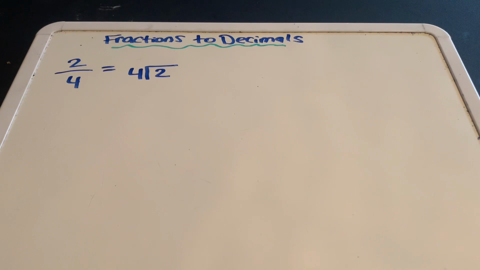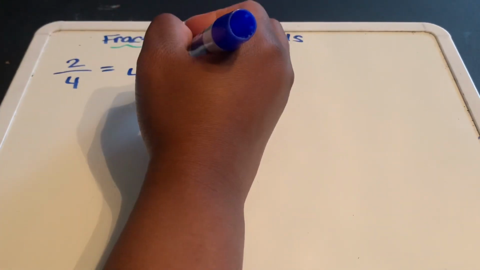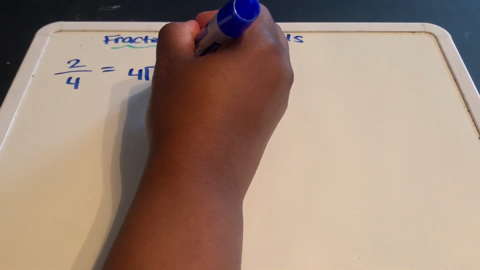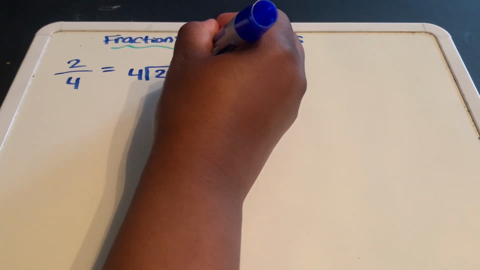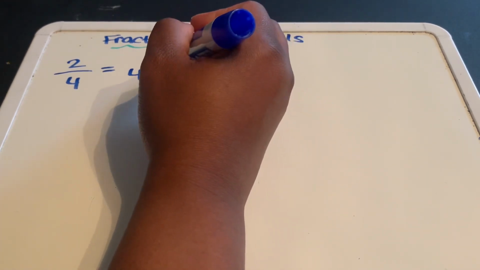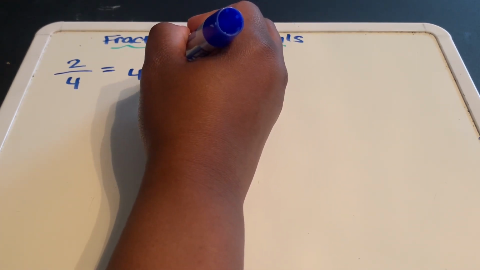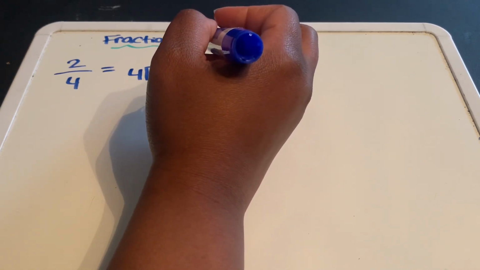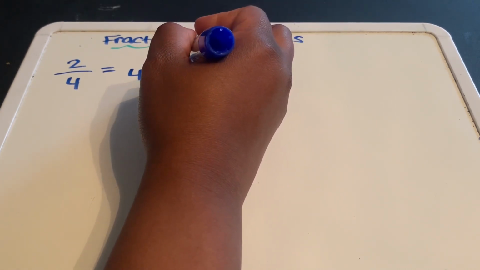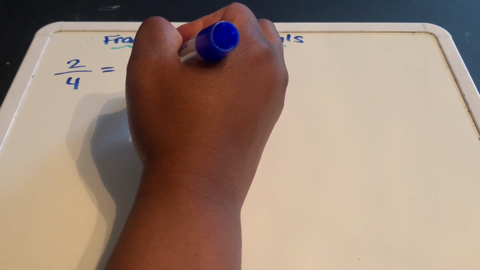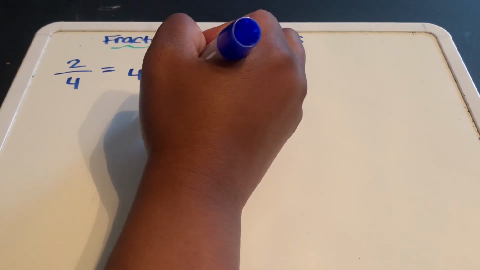Okay, so we know that 4 can't be divided by 2. So we're going to put a decimal after the 2, add a 0, and bring the decimal up. And then that will now look like 4 divided into 20. And we know that 4 will go into 20 5 times.